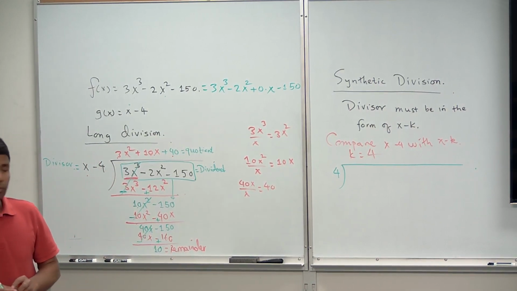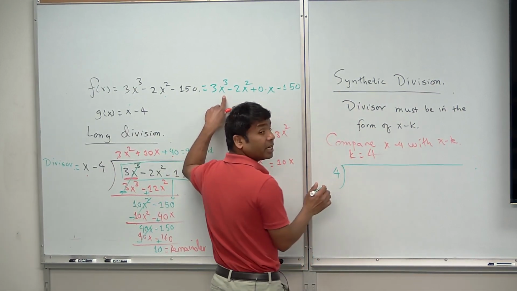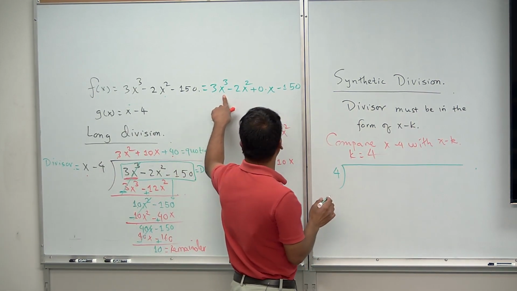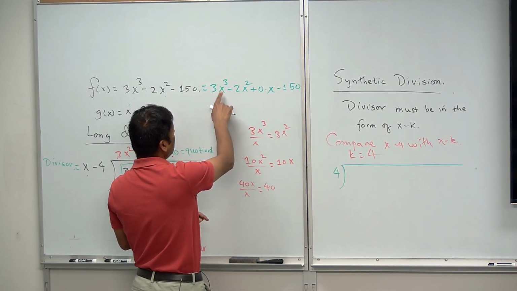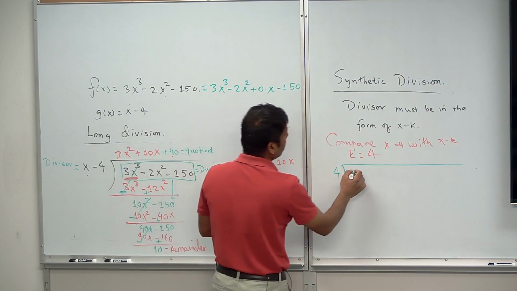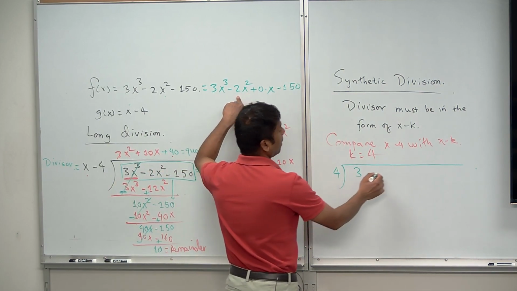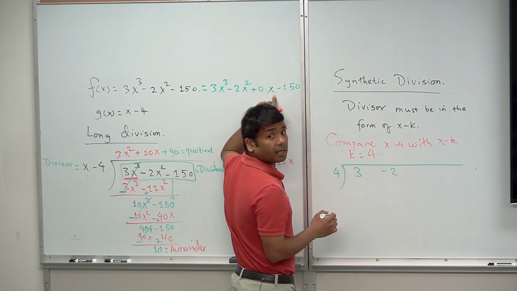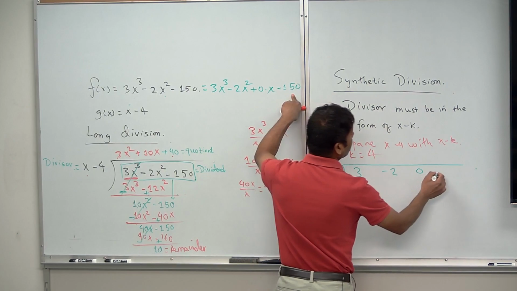Make sense? So k is 4, and now list the coefficients. What is the coefficient of x cubed? 3. What is the coefficient of x squared? Negative 2. What is the coefficient of x? 0. What is the constant term? Negative 150.